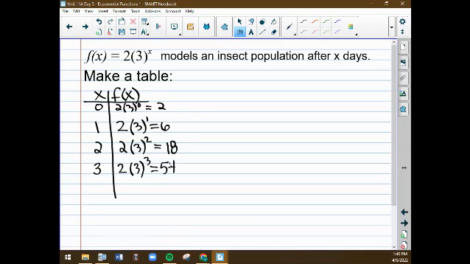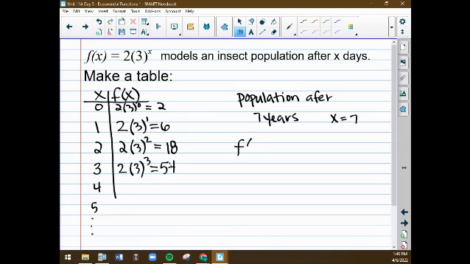Okay? So if I wanted to find the population after 7 years, I could keep going and filling out the table and do 4, 5, right, and keep going, or 7 years in this case represents my x. So when x equals 7 years, what would be my output?